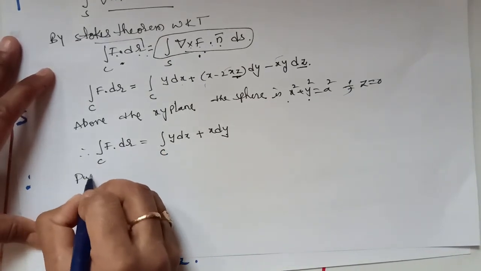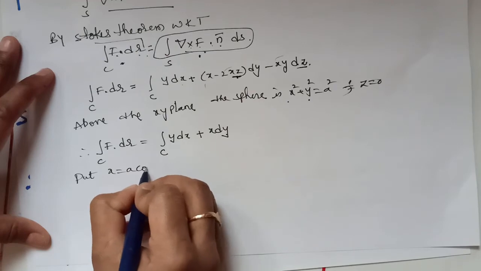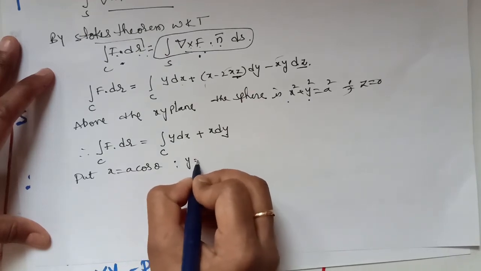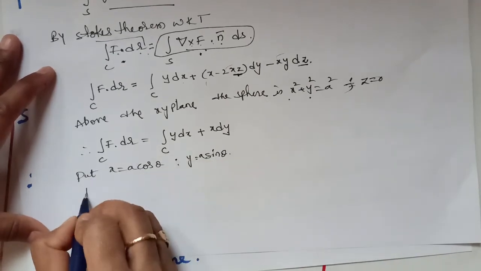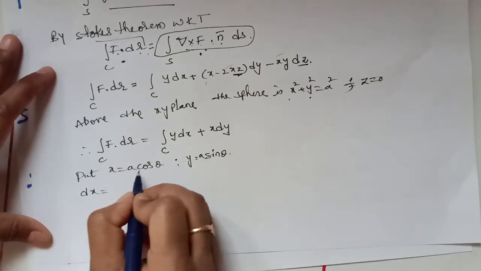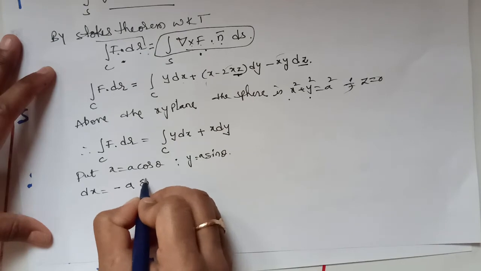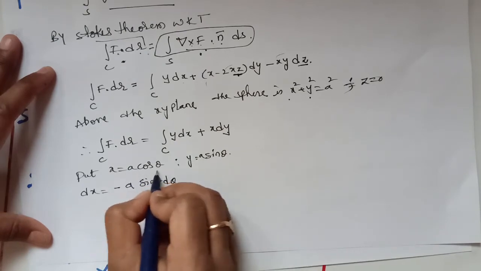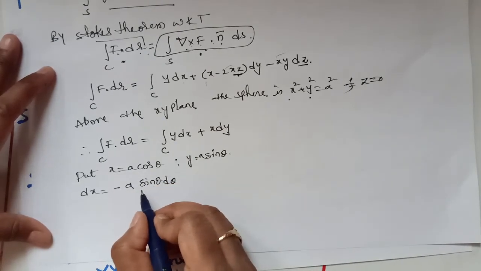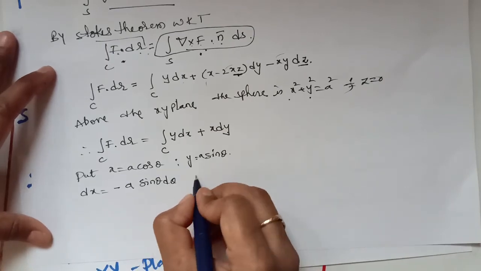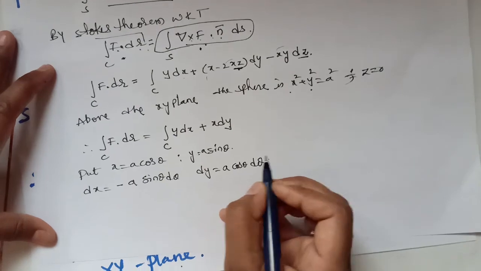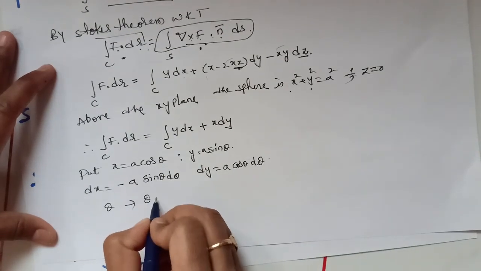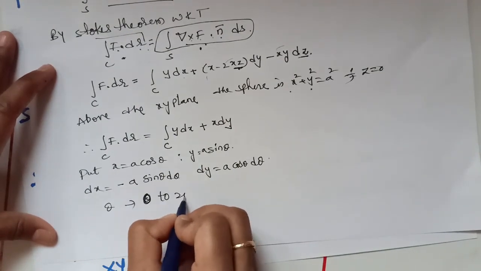So put the polar form, x is equal to a cos theta, y is equal to a sin theta, and dx is equal to minus a sin theta d theta. Differentiating cos theta gives minus sin theta d theta, and dy is a cos theta d theta. In a circle, theta varies from 0 to 2 pi.